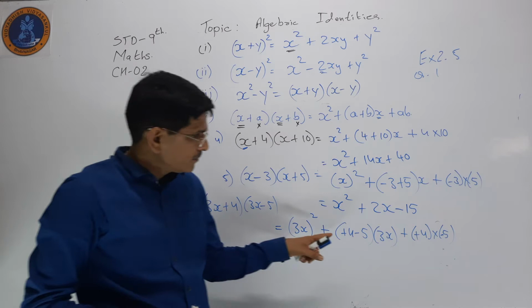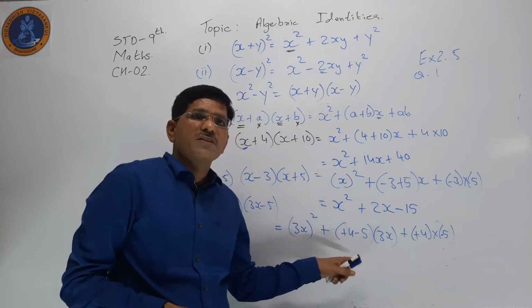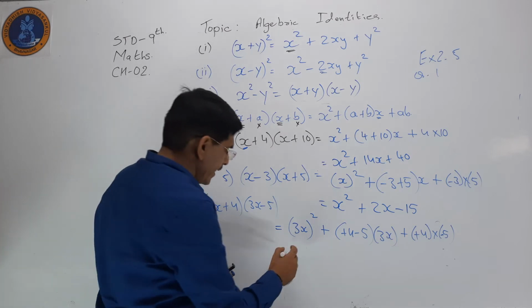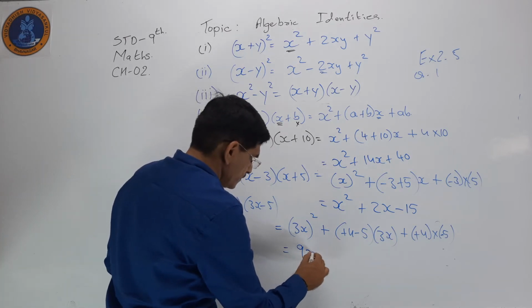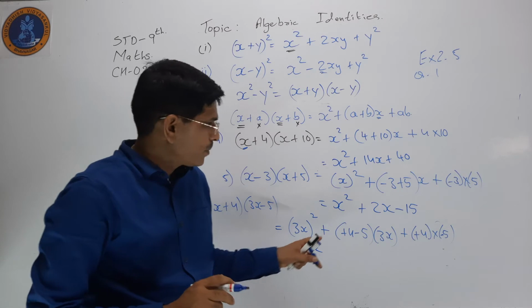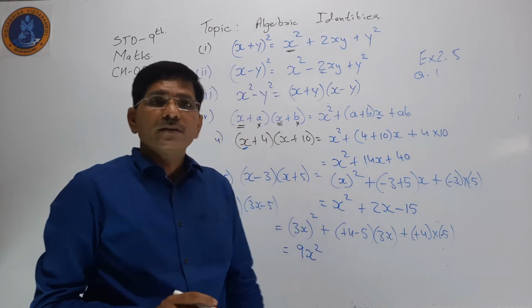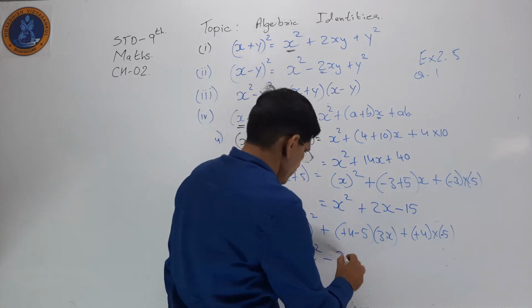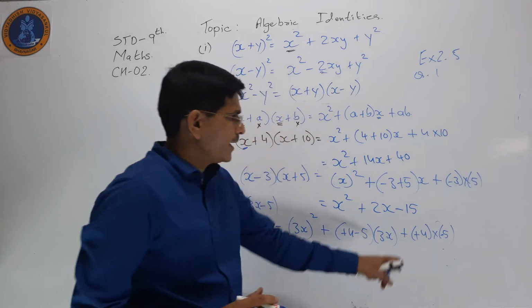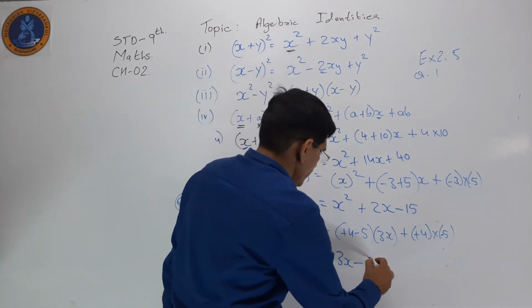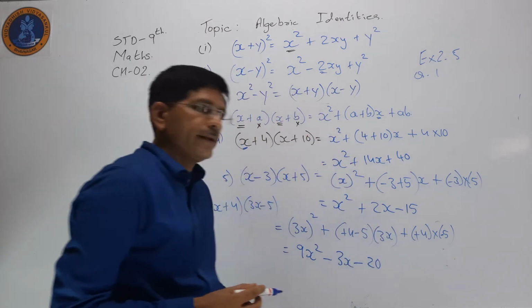Now again, students mostly make mistakes here. First of all, 3 square, so you have to write 9x square, plus 4 minus 5, so minus 1 is there. Again into 3, that is minus 3x. Again 4 into 5, 4 fives are 20, so minus 20 I have to write.